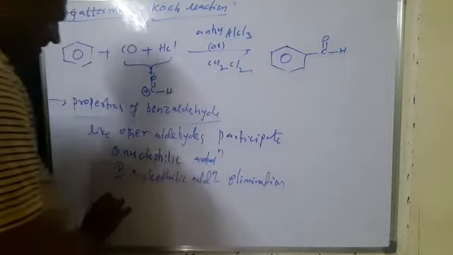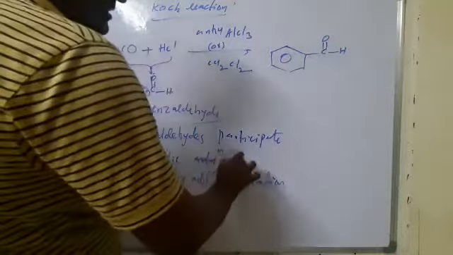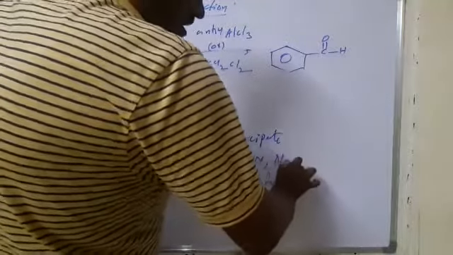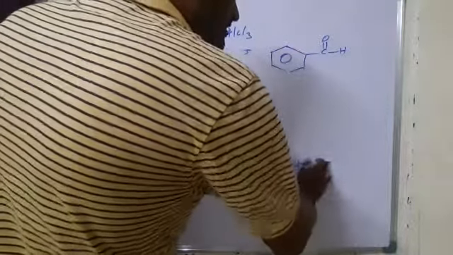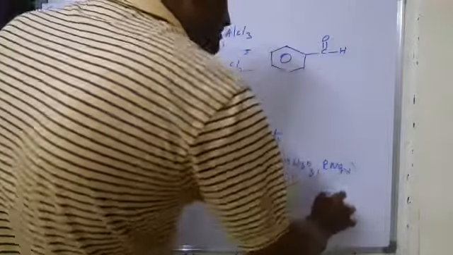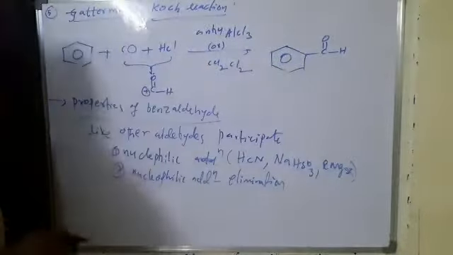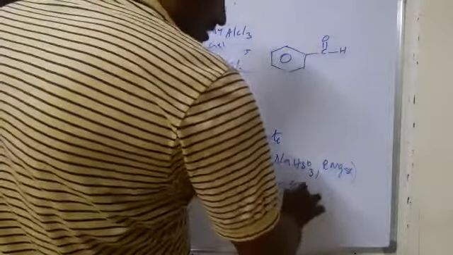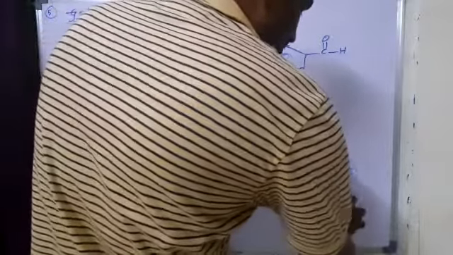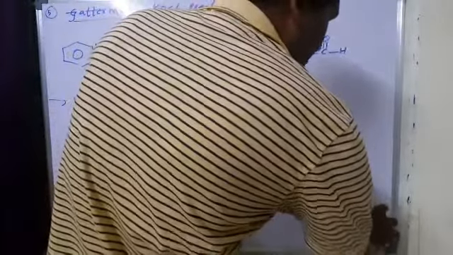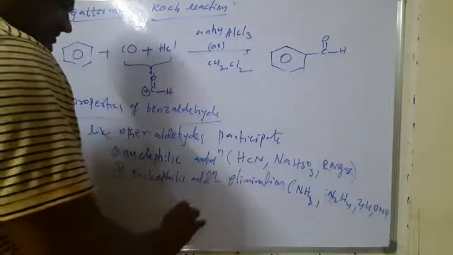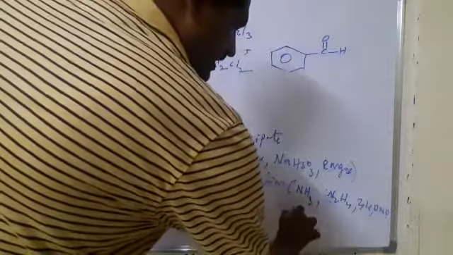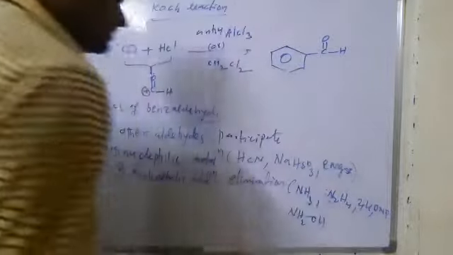They react with the Grignard reagent RMgX, HCN, hydrogen cyanide, sodium bisulfite. Same reactions as we discussed for aldehydes. Nucleophilic addition elimination reactions mean ammonia, phenyl hydrazine, hydrazine meaning N2H4, 2,4-DNP, and hydroxylamine NH2OH. All these reactions participate.